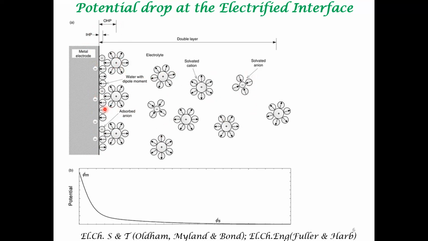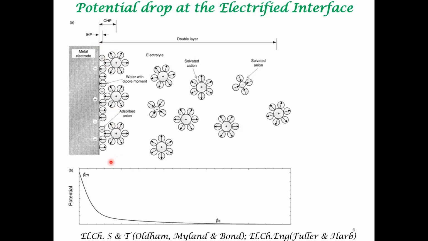We will look at this in much greater detail when we look at capacitors, supercapacitors, and so on. These are all important power devices. We will build a quantitative model for capacitance. Helmholtz built all these things in the 1800s. So he had to define this inner Helmholtz plane, outer Helmholtz plane to obtain a quantitative expression for capacitance.